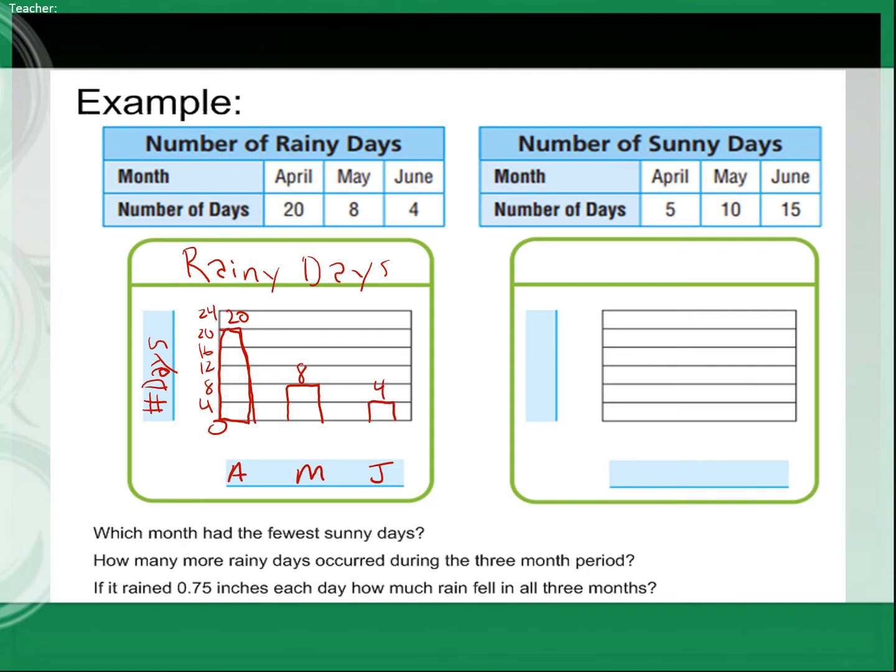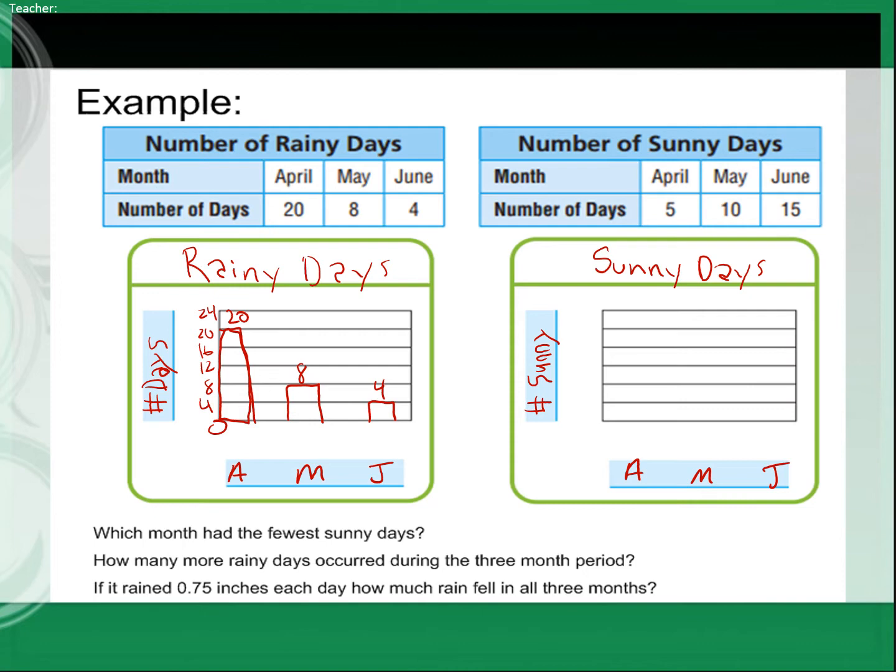Okay? And over here, the next graph says the amount of sunny days. Same months, April, May, and June, but this time it's a number of sunny days, right?